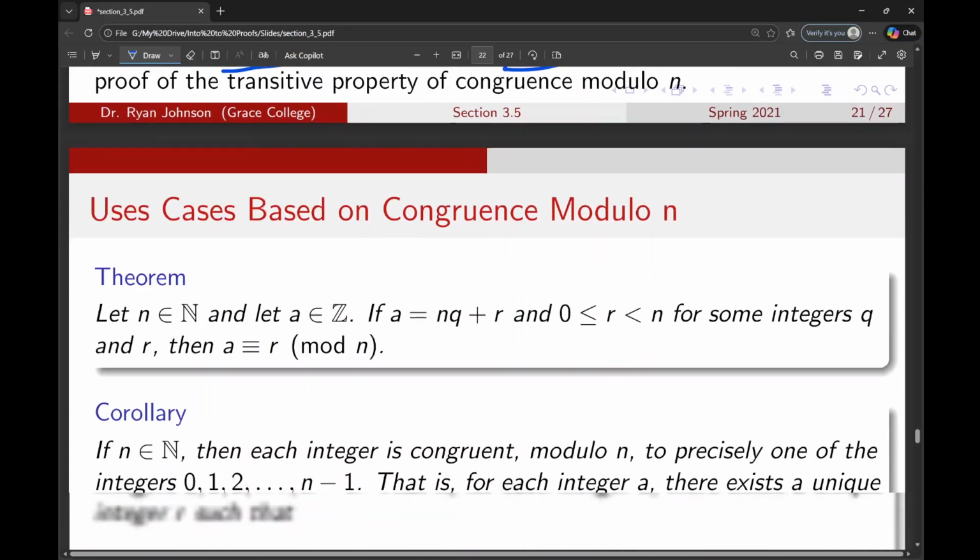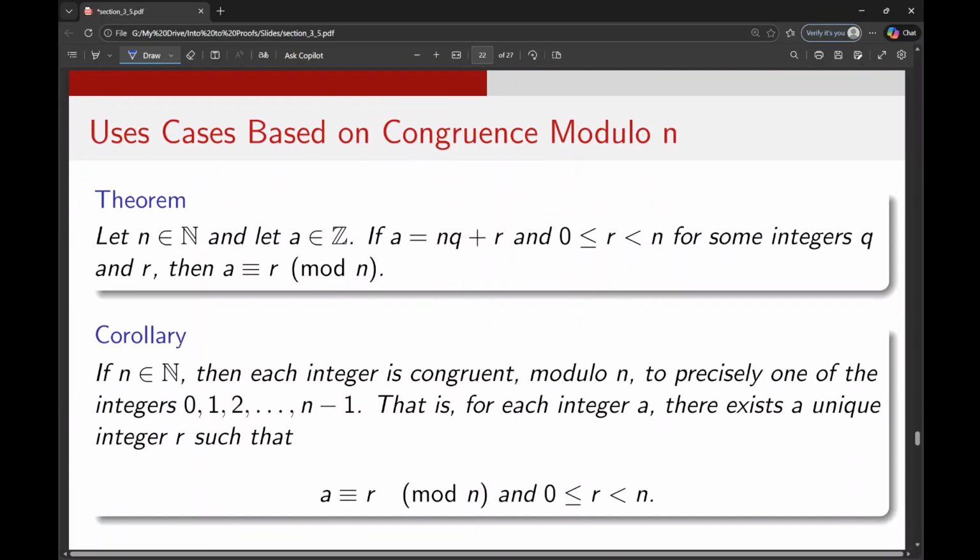All right. So now we use cases based on congruence modulo n. Theorem: let n be a natural number and a be an integer. If a equals nq plus r, by the division algorithm, then a is equivalent to r mod n. The corollary to that is that if n is a natural number, then each integer is congruent modulo n to precisely one of the integers 0 through n minus 1.